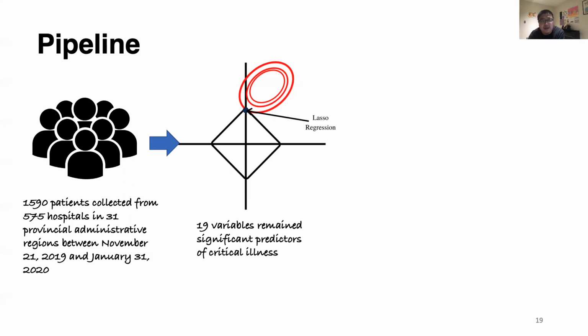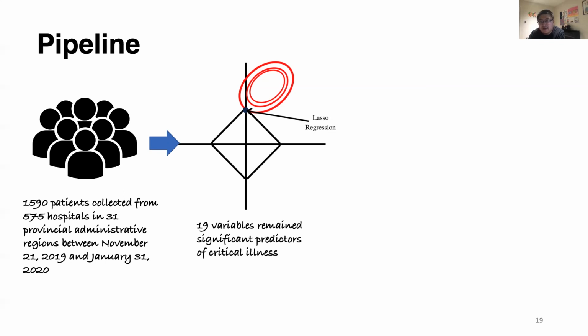Then they applied a lasso model to do dimensionality reduction, after which 19 variables remained significant predictors of critical illness.